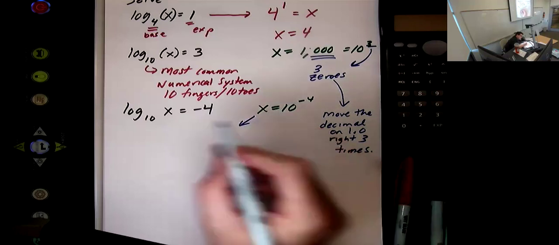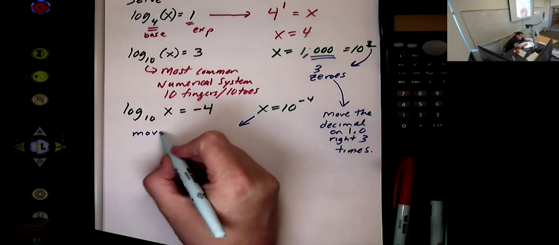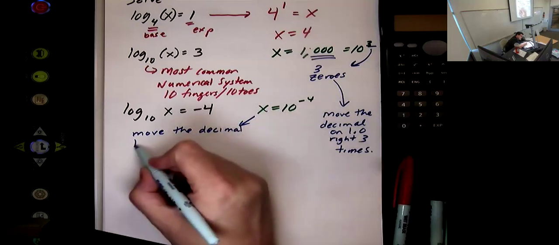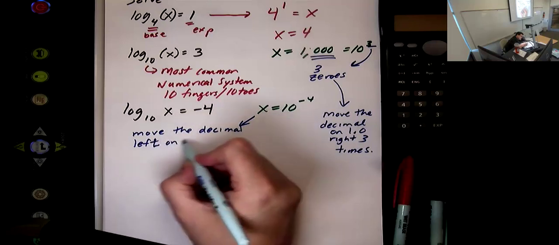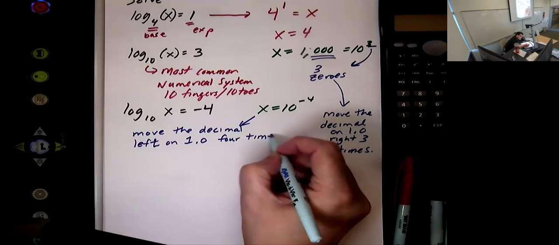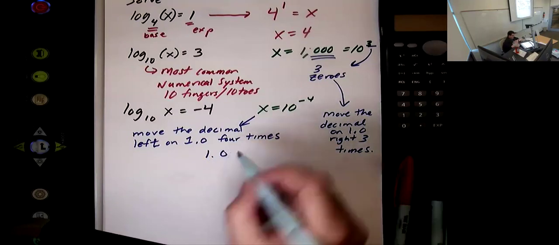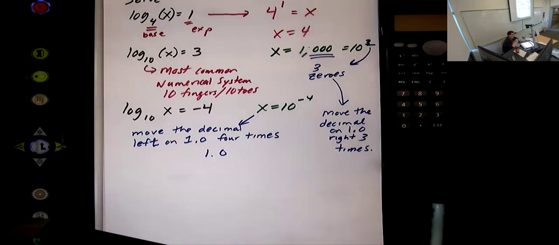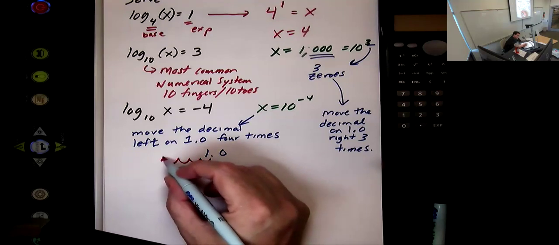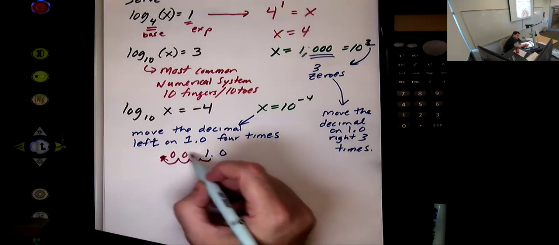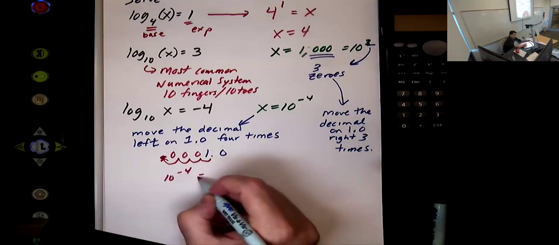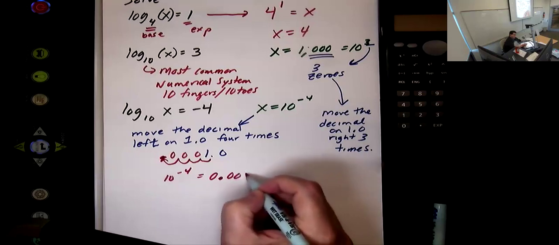What we do when it's negative is move the decimal left, four times here. So I had 1.0. I can move it left 1, 2, 3, 4, and I have to fill in empty places with zeros. So 10 to the negative 4 is 0.001.